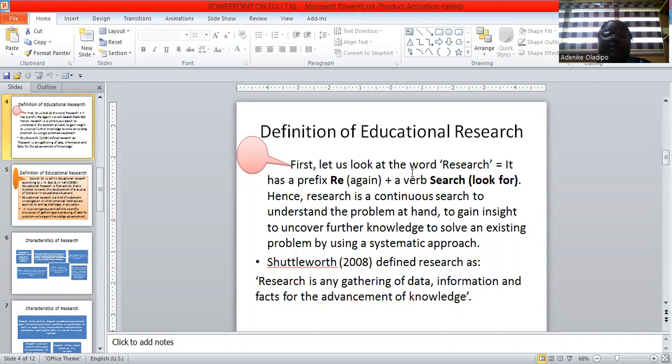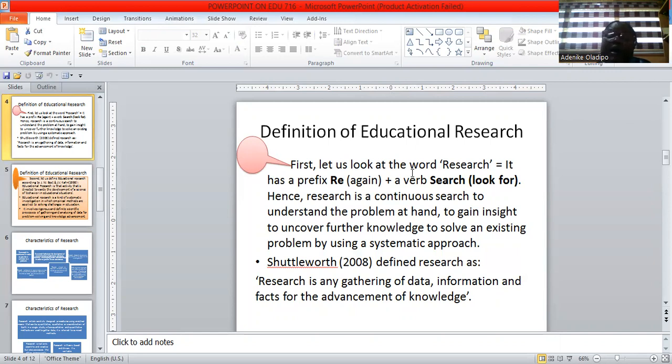Let us begin by defining educational research. Before we define educational research, it is proper for us to look at the word research. What do we mean by research? The word research has a prefix, re, which means again, and a verb, search, which means look for.